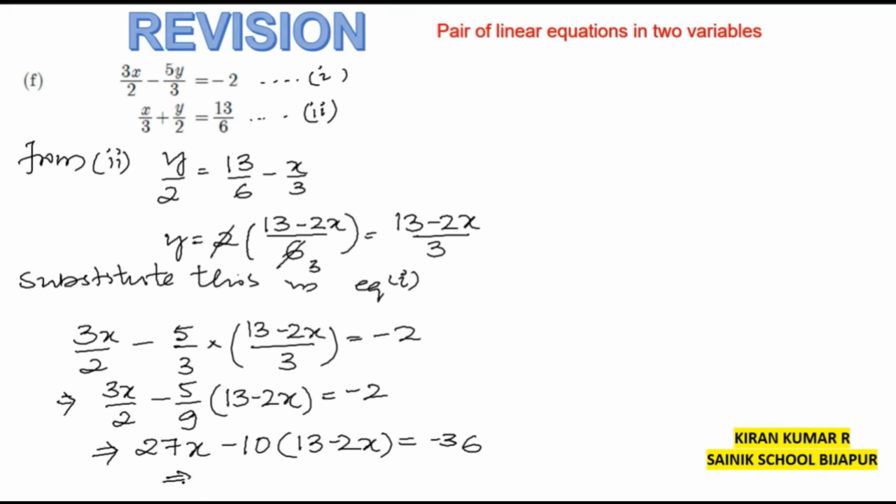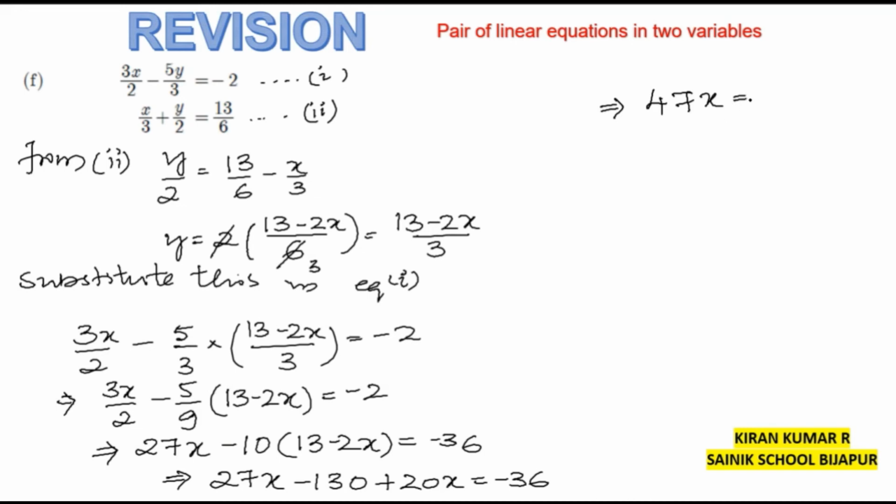Therefore, we get 27x minus 130, minus of minus is plus 20x equal to minus 36. This 20x added to 27 becomes 47x.